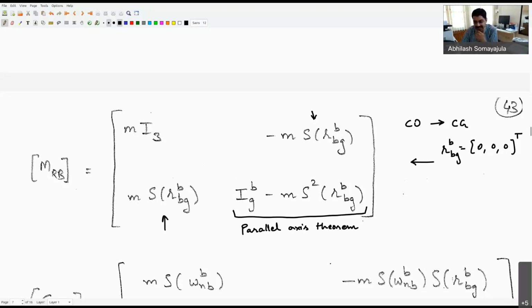Which is basically telling you that the I about the origin of BCS is I about the G minus M, RBGB cross RBGB cross omega NB. That's what this is telling you.